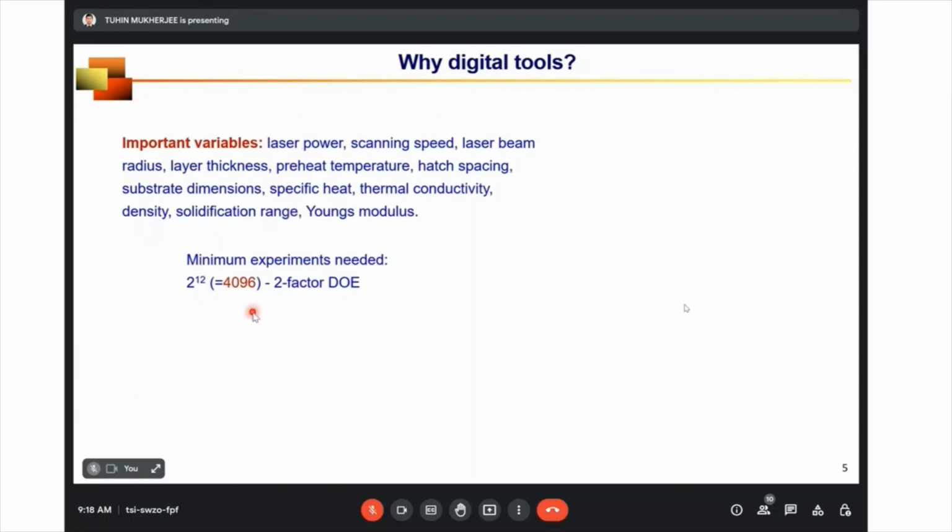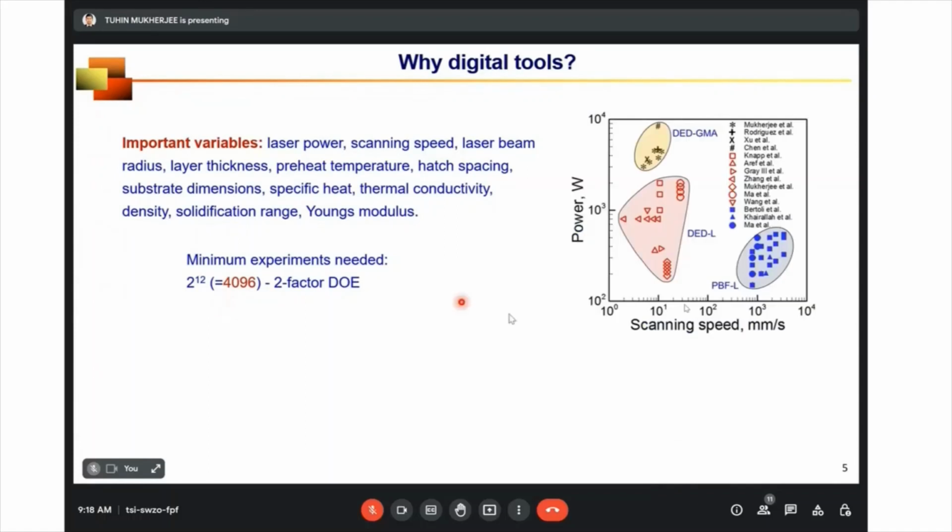Even if you follow a two-level design of experiments, the minimum number of experiments that we need to do to fully understand what works and what does not work is 4096. Now, even if you do one successful experiment a day, a PhD student cannot graduate in 10 years. So that's not a viable route.